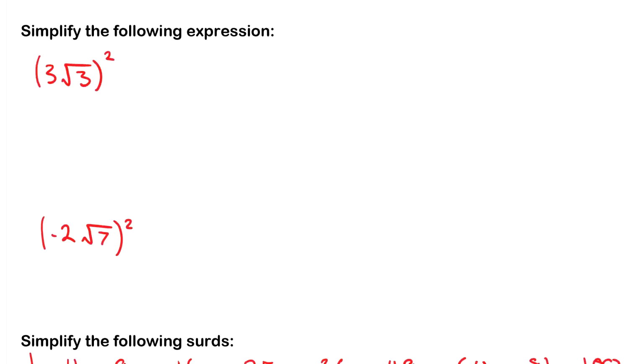We will now answer some questions. So again, I have 3 root 3 all to the power of 2. The first thing you need to do is break it up. So I know I have 3 squared and then times my root 3 to the power of 2. So the first step is to break up. We then need to do our cancelling.